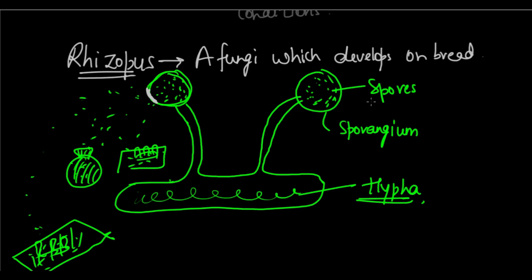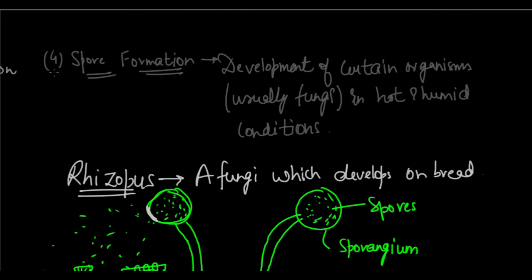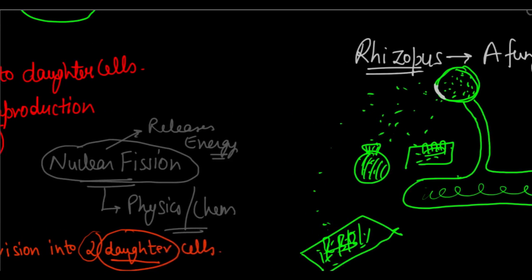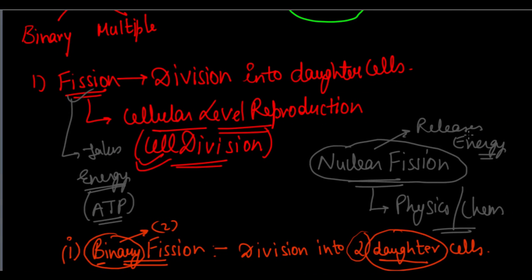And this will again give rise to another rhizopus. So that is what we call spore formation. When the spore grows and forms to give rise to more spores, that is called spore formation, right? I hope everyone is clear with spore formation completely.